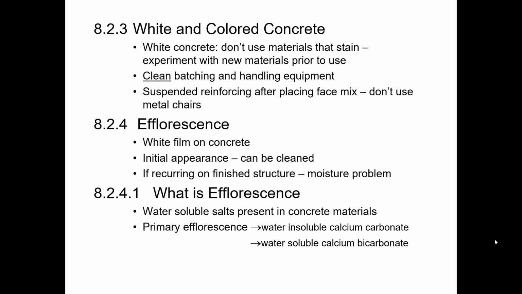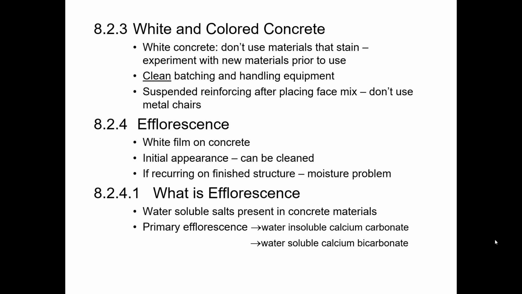Architectural plants, at least most architectural plants, are using white cement to create white concrete. And as you might imagine, white concrete can be very difficult not only to produce, but especially to maintain, to clean, to get to look right, because every little imperfection shows up because of the color.